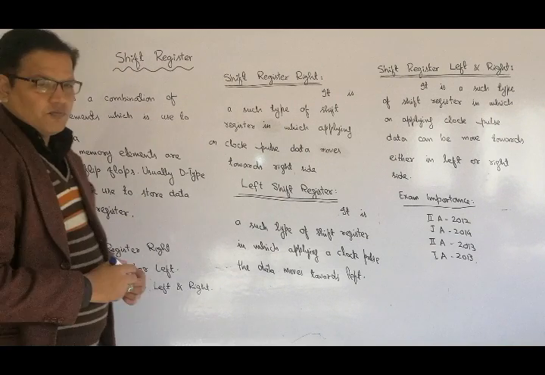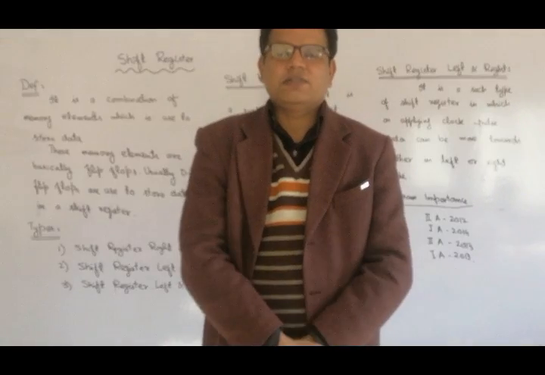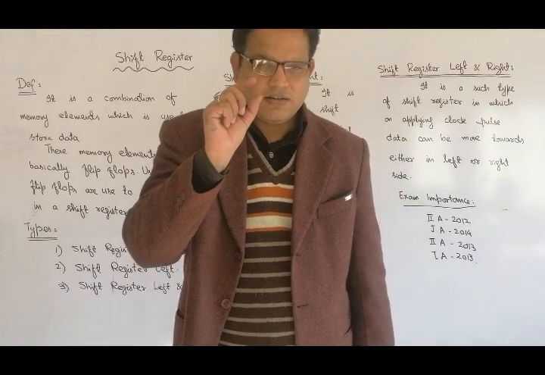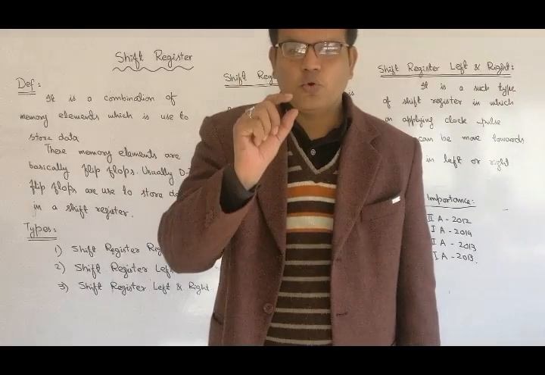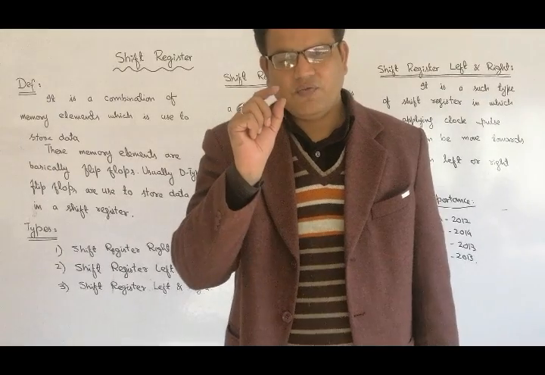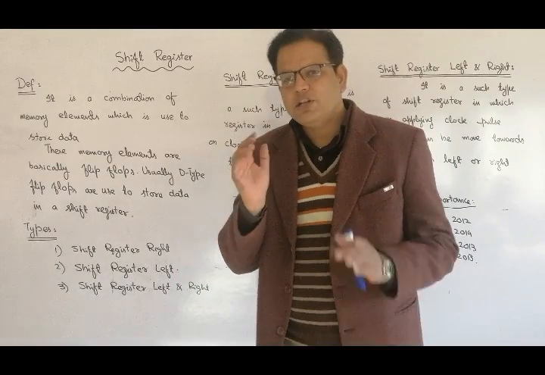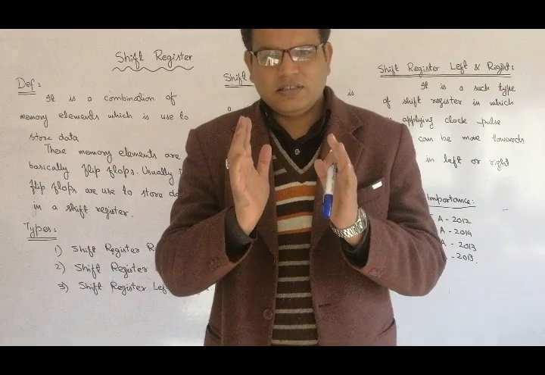What is a memory element? A memory element is basically a flip-flop. As we studied in the last chapter, the basic unit which stores a single temporary bit is called a flip-flop. So a combination of flip-flops together constructs a register.